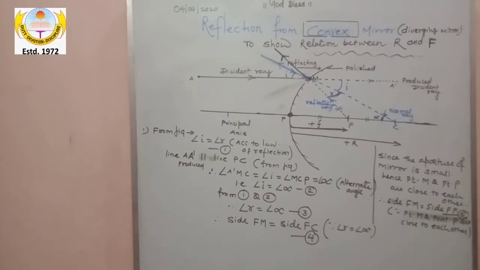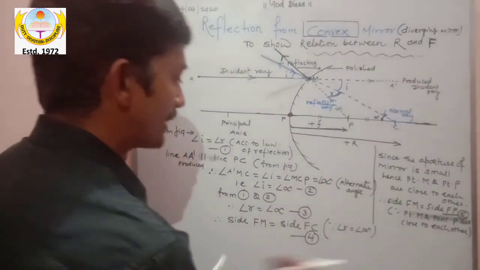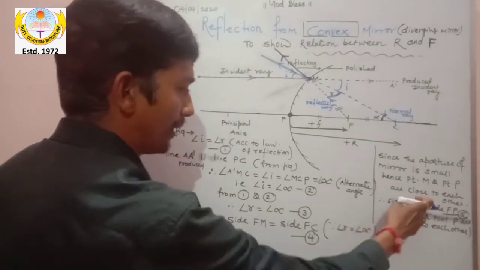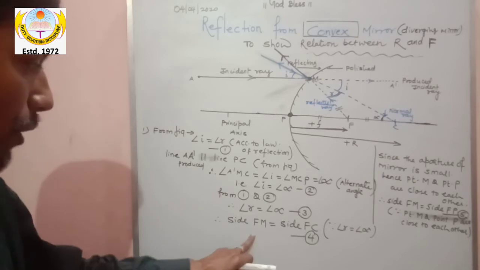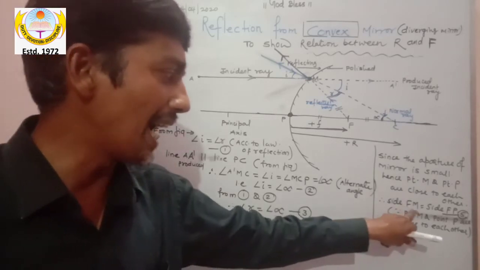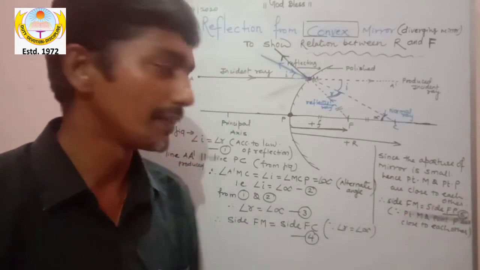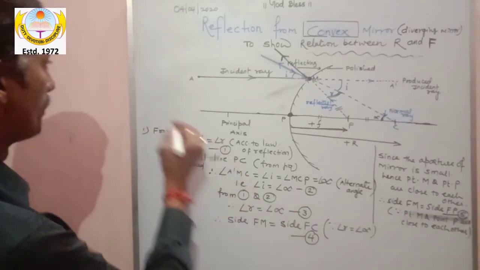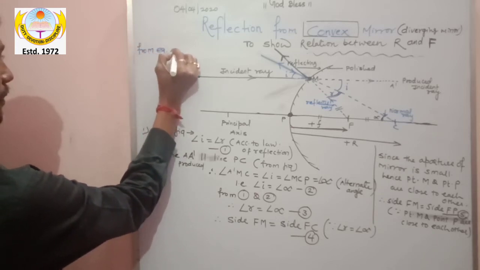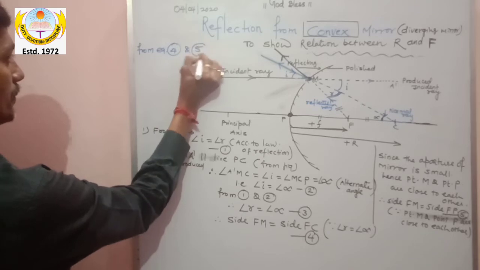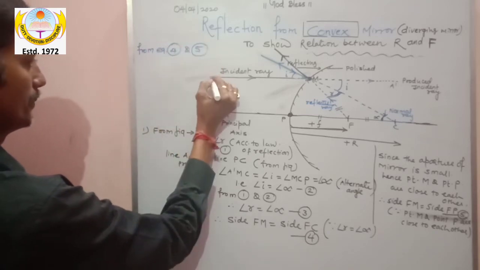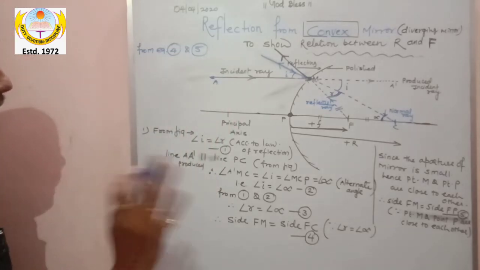Now my dear, after doing this much, you can see from 4 and 5 what will happen. Look at 4, side FM is side FC. And here side FM is side FP. So from equation 4 and 5, what am I getting?